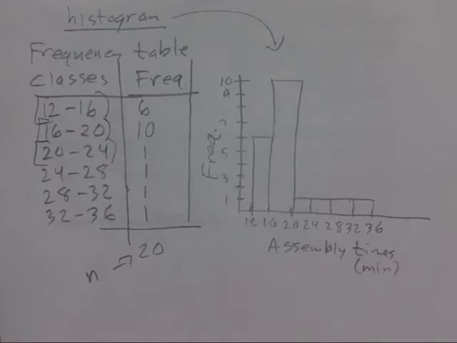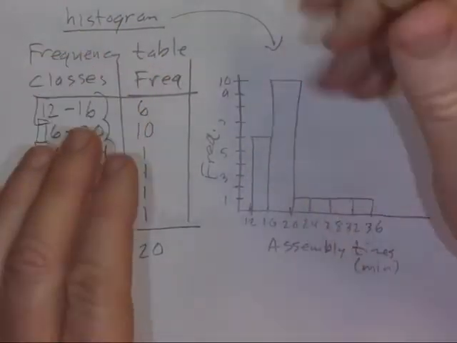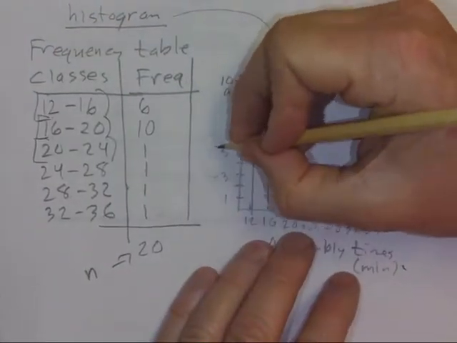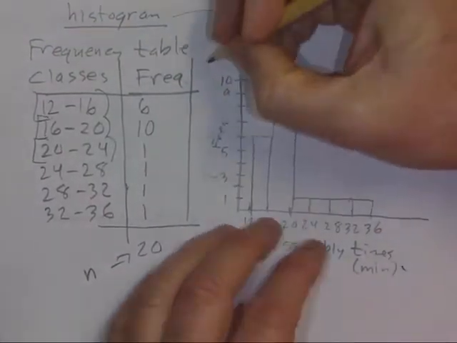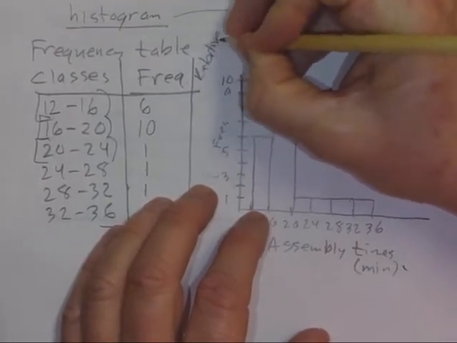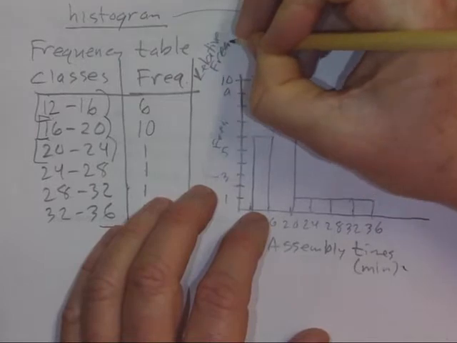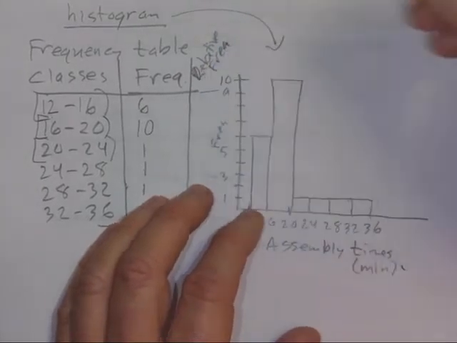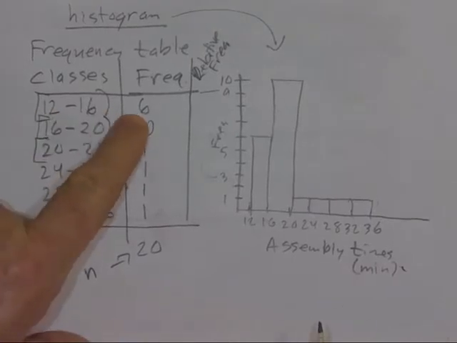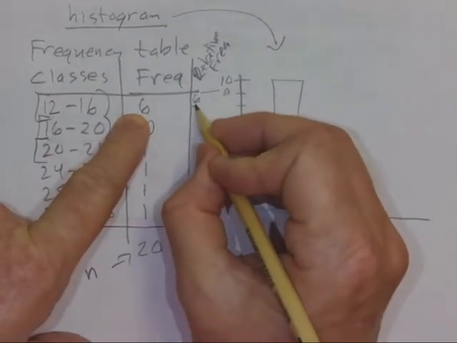Our n is 20. So this is frequency. And relative frequency is the proportion that are in a class, not the number, but the proportion or the fraction. So the relative frequency for 12 to 16 would be 6 out of 20.